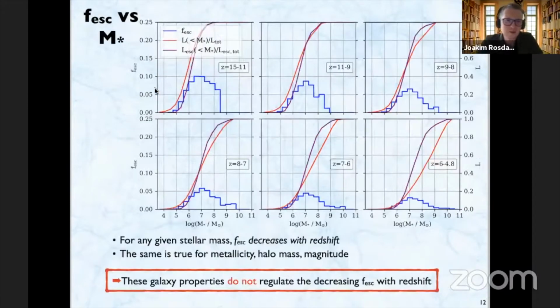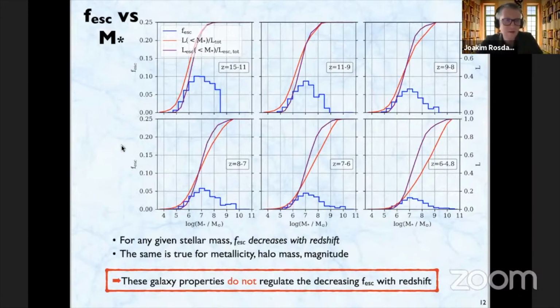So now we look at the evolution of the escape fraction versus galaxy mass with redshift. This is just the same plot as I showed before. Before it was stacked over all redshifts, and now these are individual redshift ranges. So now you see that the shape is pretty much always the same. There is always a peak around 10 to the 7 solar masses, but the magnitude is decreasing quite a bit with time. So for a given galaxy mass, the escape fraction decreases with time.